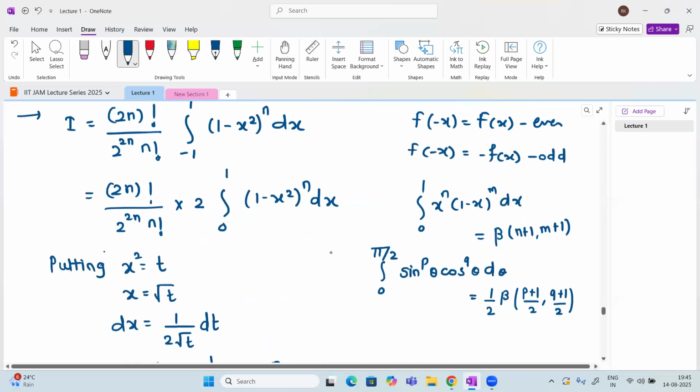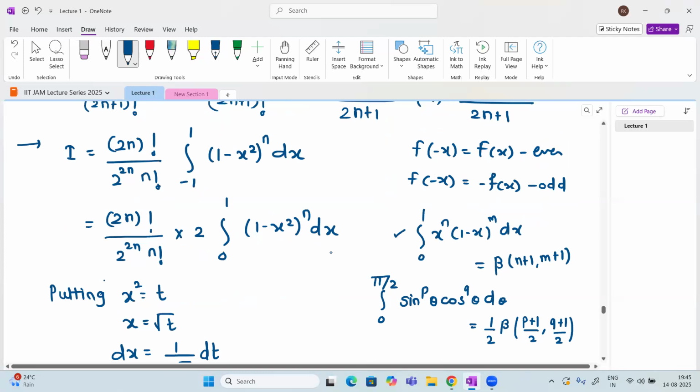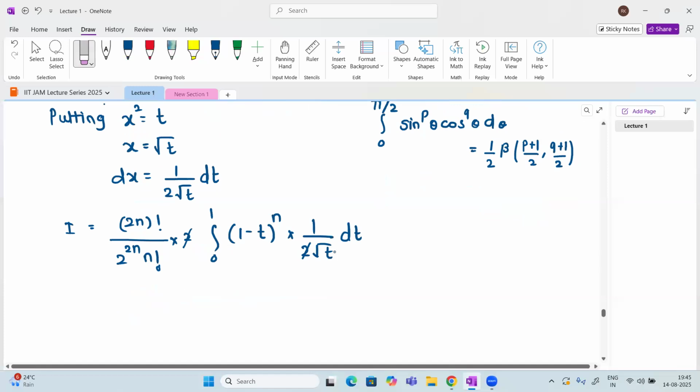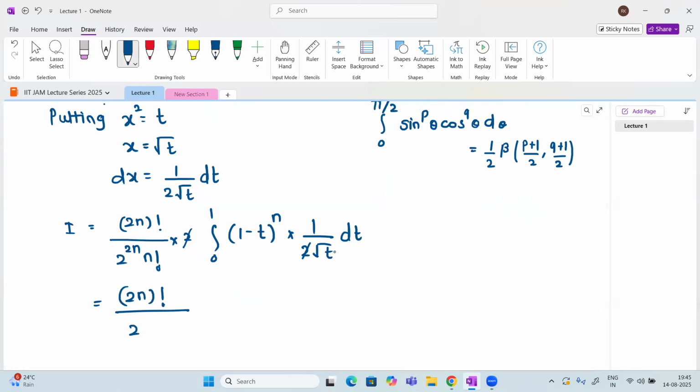Now our job is to express the integral in terms of the definition of beta function. So tell me what I should do. t raised to minus half, root t means t raised to half, we are shifting to the numerator, so it will be t raised to minus half dt.